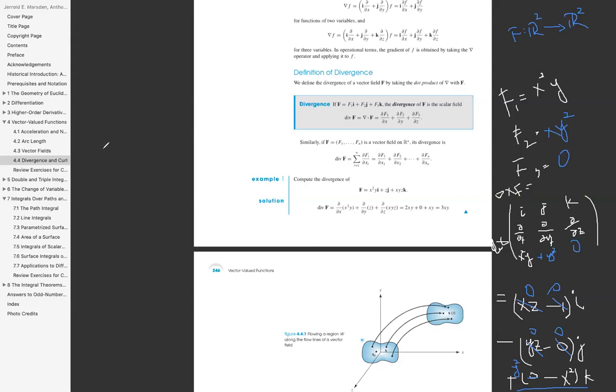In terms of visual representation, if this is your xy plane, the vector field basically is the arrow here.